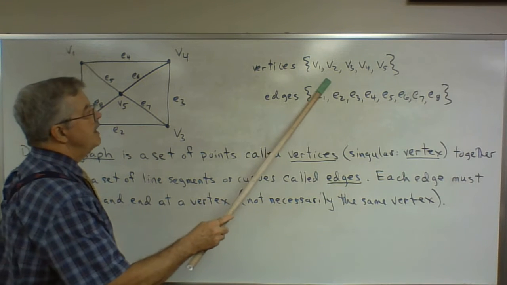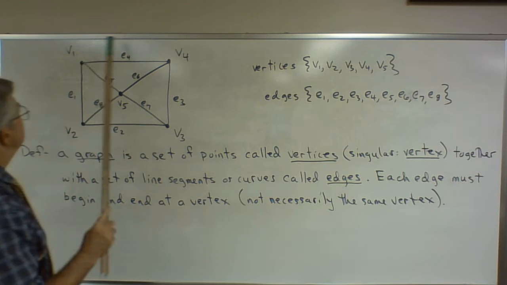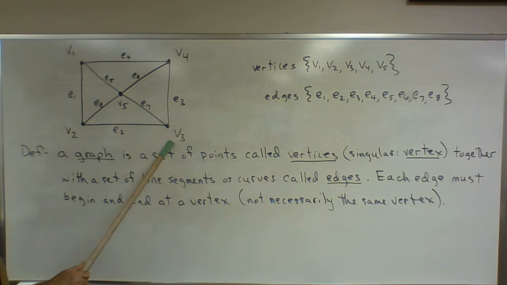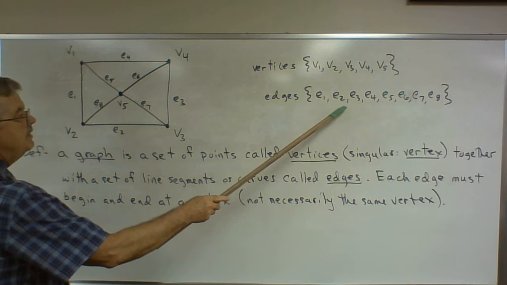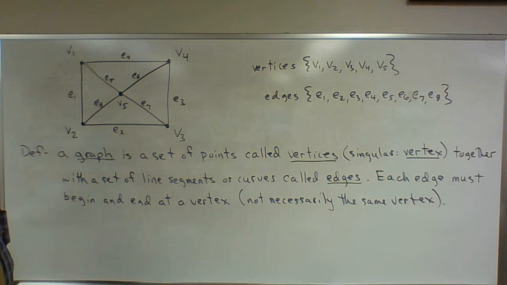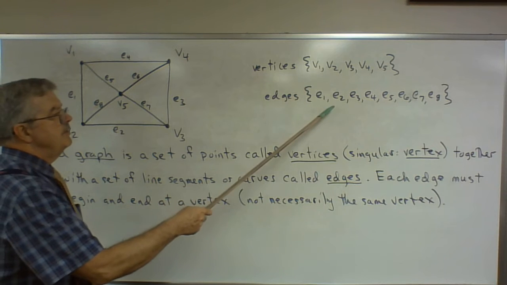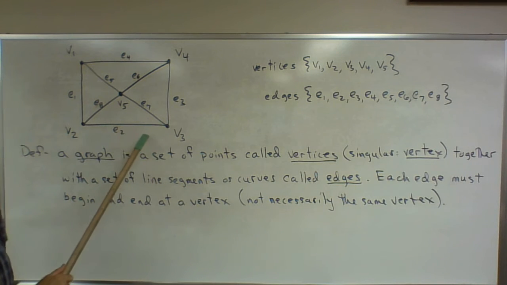So these 5 vertices, V1, V2, V3, V4, V5, together with all of these 8 edges, the set of vertices and the set of edges forms this graph.